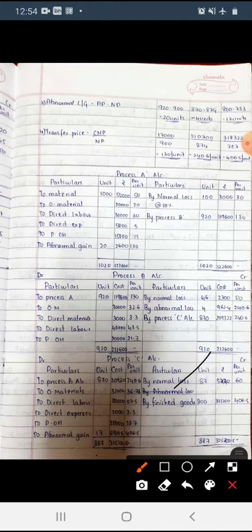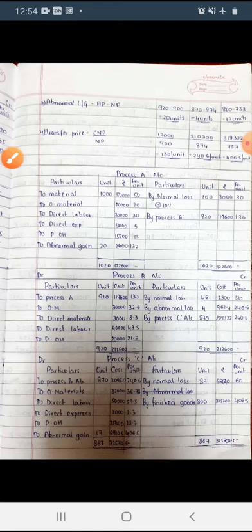Normal loss is 10%, 10% of 870 is 87, then finished goods are transferred. This is about process A, process B, and process C.